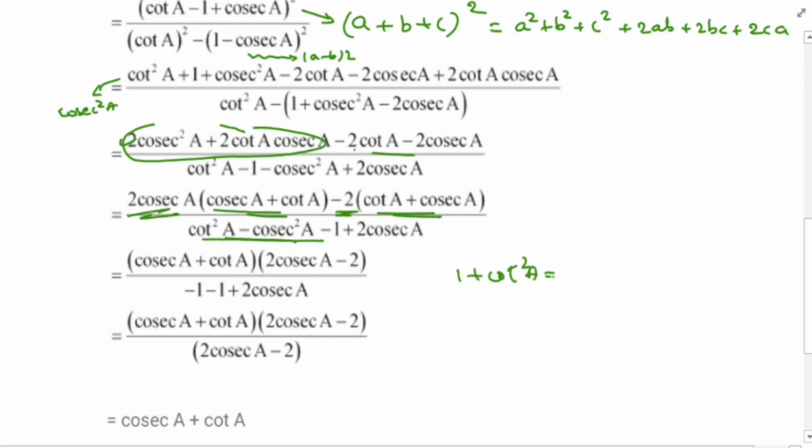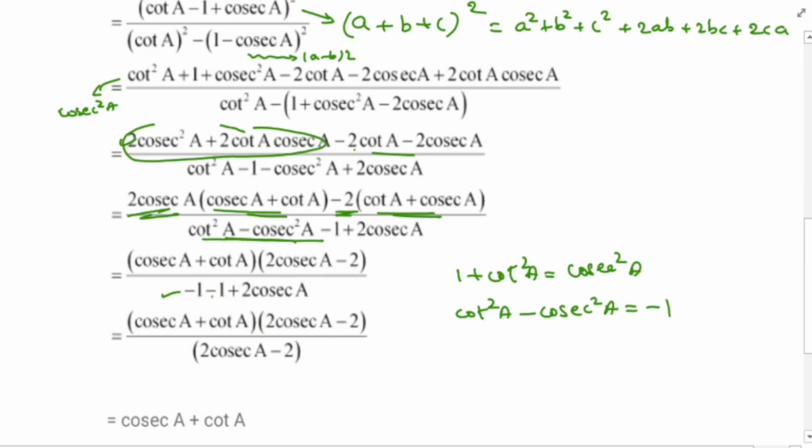which is minus 1, because we have 1 plus cot square A equal to cosecant square A. Bring that cosecant square A towards the left hand side, it becomes minus cosecant square A equal to, send this plus 1 towards the right hand side, it will become minus 1. So its value is minus 1. This minus 1 plus 2 cosecant A is equal to the bracket 2 cosecant A minus 2.